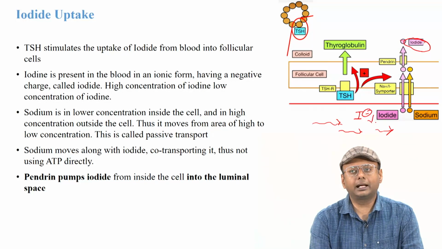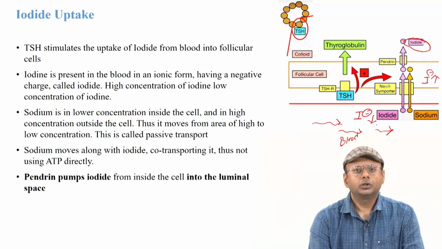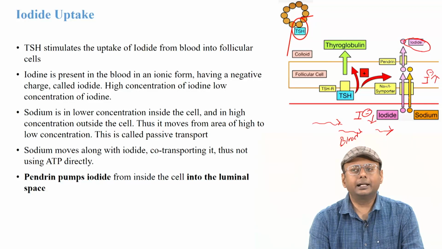So what I am saying is that iodide ions are low in concentration in the blood, and high in concentration inside of the follicular cells. That means it needs to go against its concentration gradient. Now who helps with that? Sodium ion. As you remember, when sodium goes inside, it also helps the iodide ion in a secondary active co-transport mechanism.